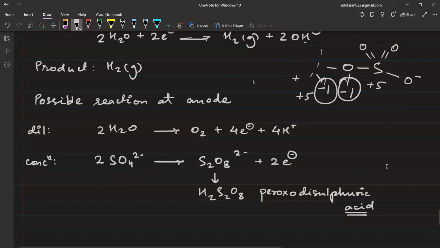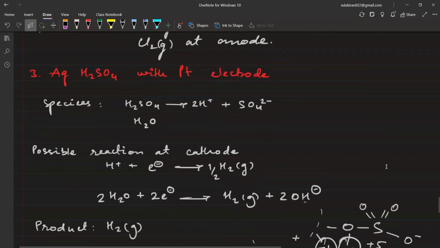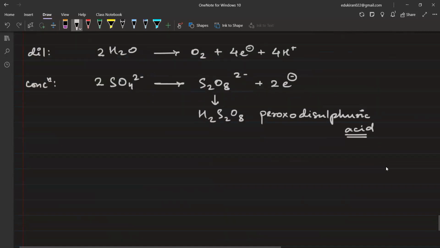Now, next please write aqueous CuSO4. This was third, this will be fourth. With platinum electrode.